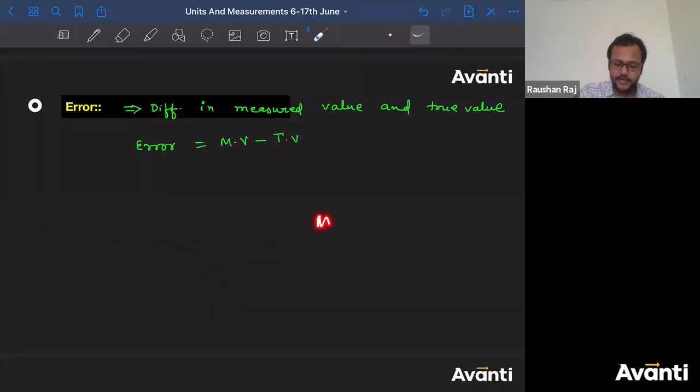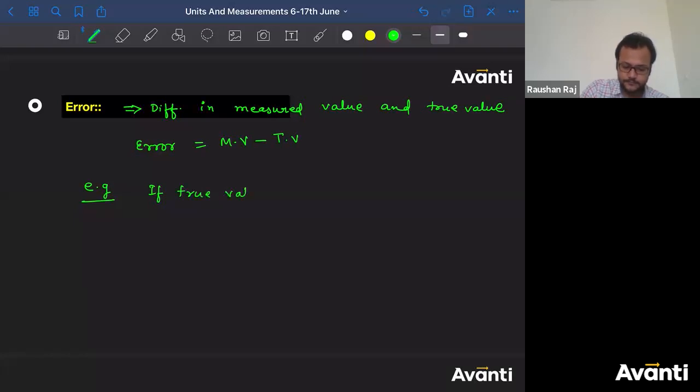What if the measured value is 9.7 centimeter? Then what will be the error? So let me write it here. Let me take an example. If the true value of length of a rod is 10 centimeter.